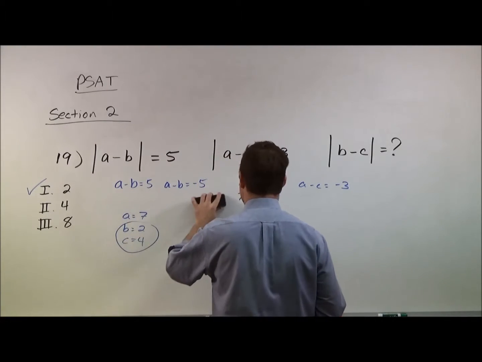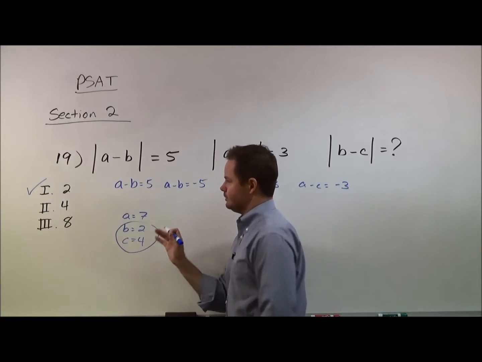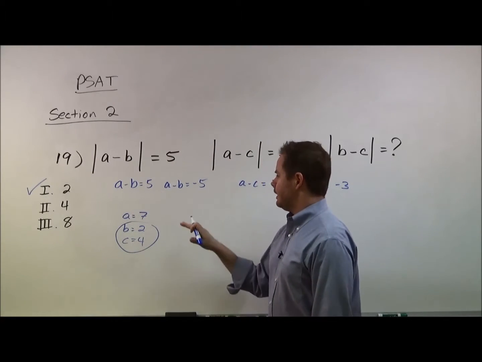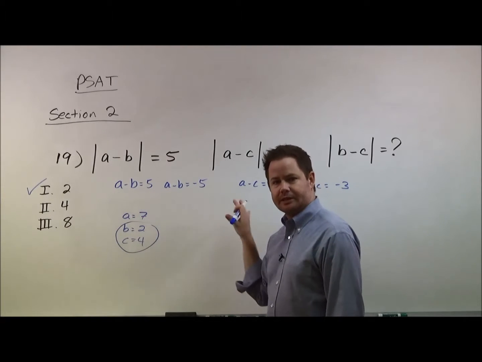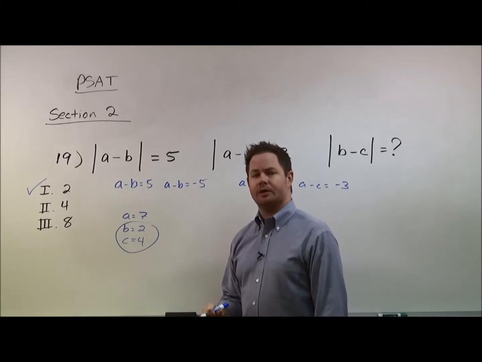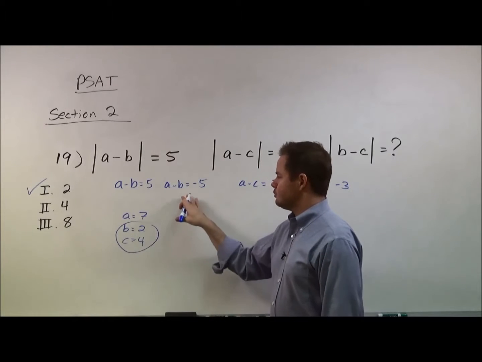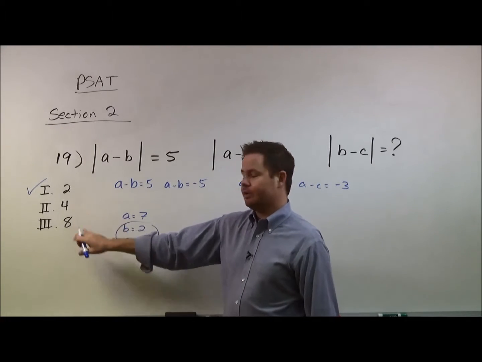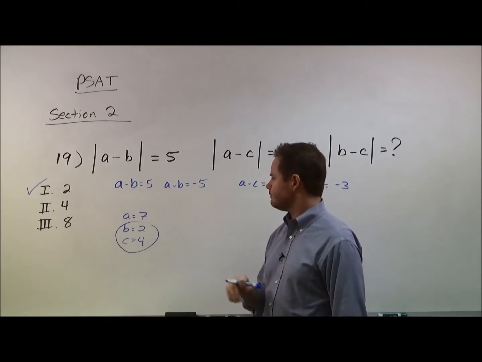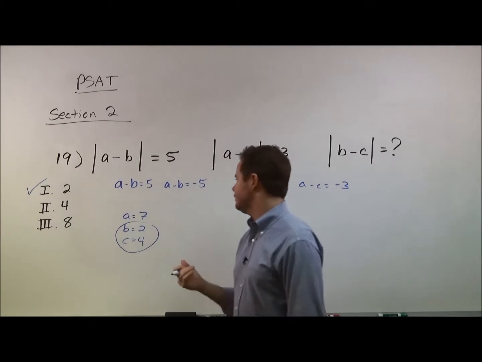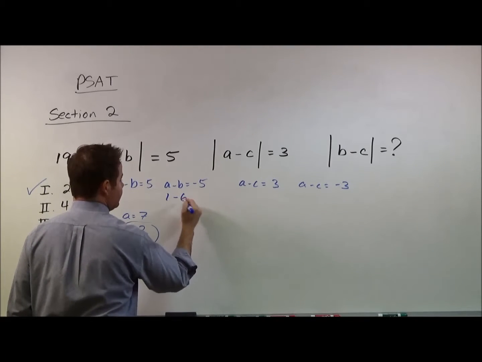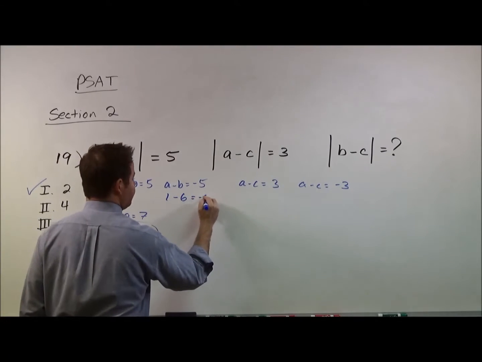Let's see if we can come up with another set of values that will work for these equations. For a minus b to equal 5, we picked 7 and 2, tested it out, and got Roman numeral 1 checked off. So let's try a different equation to see if we can change it up a bit to potentially get one of these other values. If we try a minus b equals negative 5, let's say maybe a is 1 and b is 6. 1 minus 6 would equal negative 5.